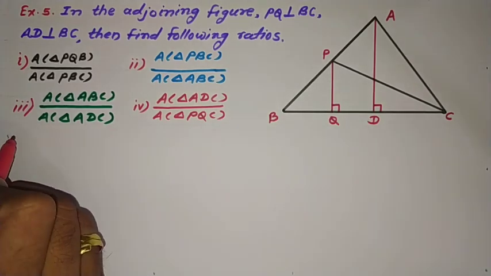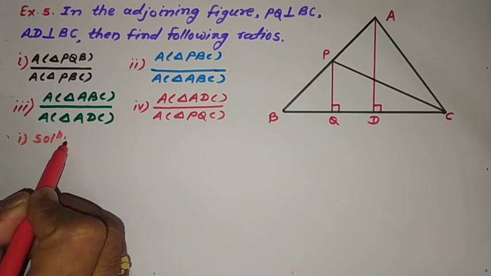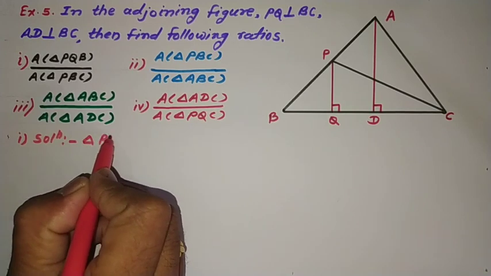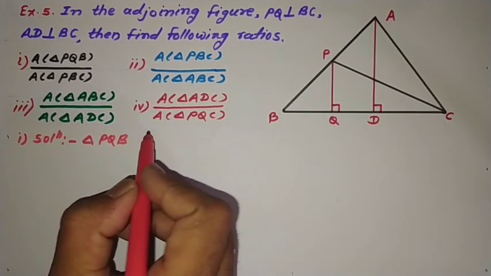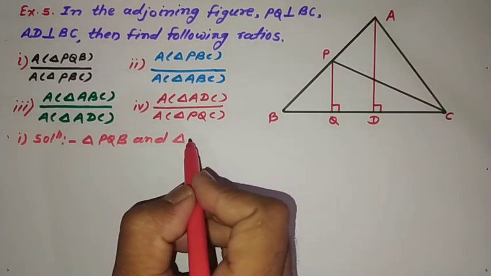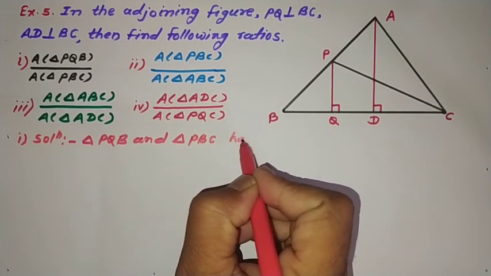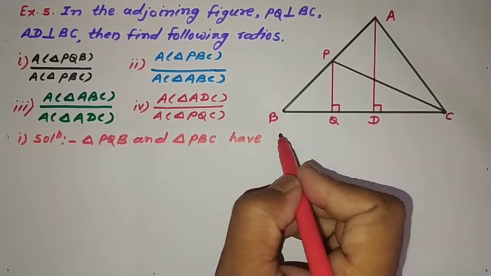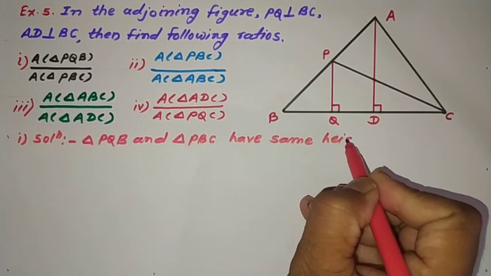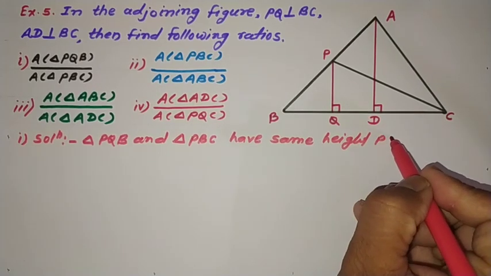Solution. First, triangle PQB and triangle PBC have the same height, which is PQ.